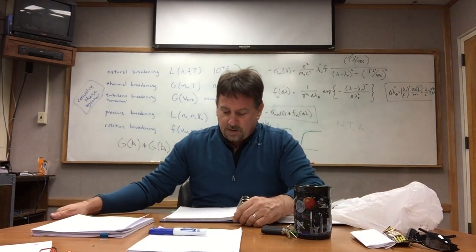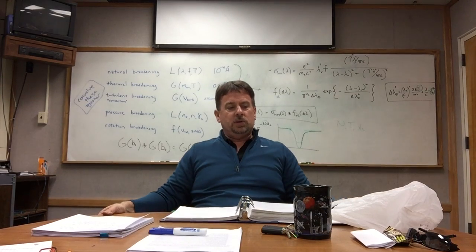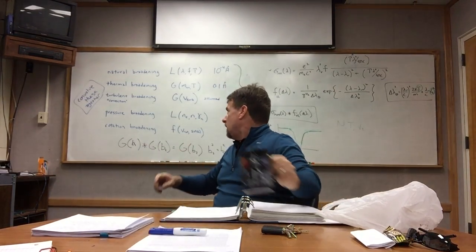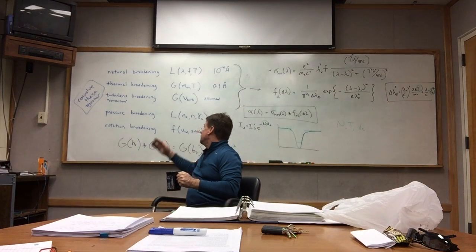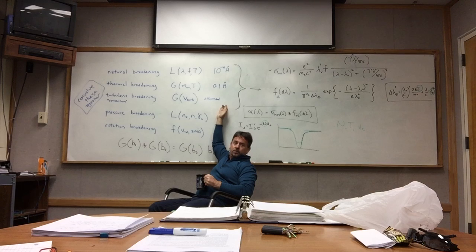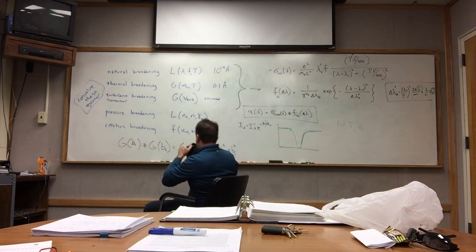But if you are going to become a true stellar spectroscopist, you then have to go beyond the basic model, and you have to do the pressure and the rotational broadening.